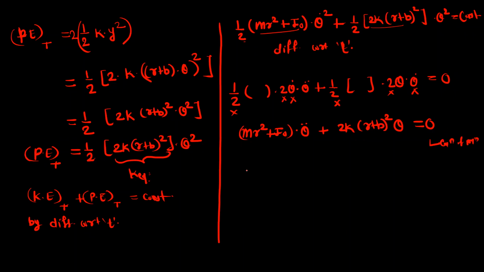Now write this in a simple harmonic motion equation. So theta double dot plus 2k (r plus b) square upon (mr square plus I0) into theta is equal to 0.